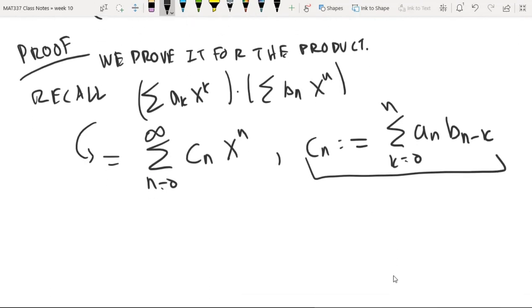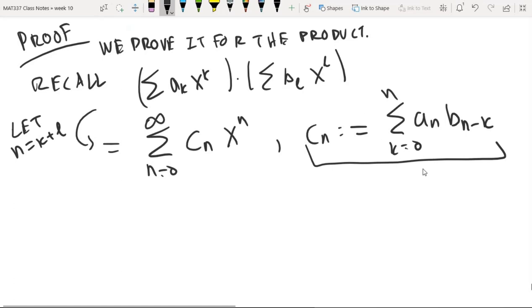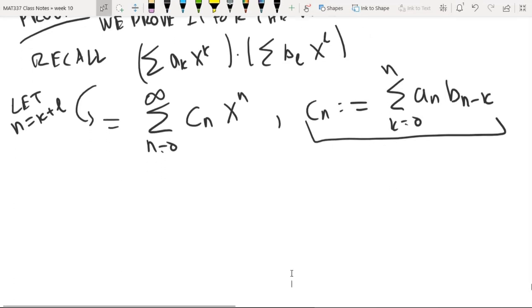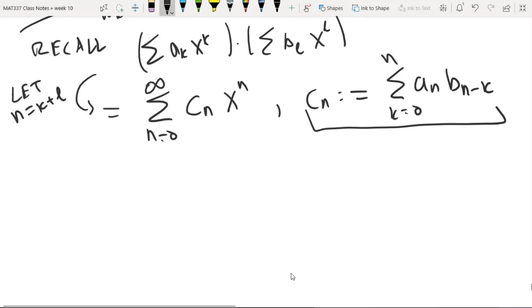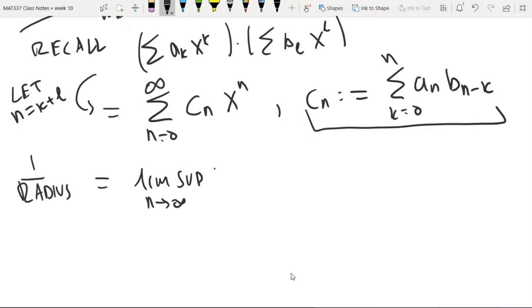The proof of this: let me call this l, and let n equal k plus l. Any questions? No? All right. So the 1 over the radius is equal to the lim sup of |c_n|^(1/n).